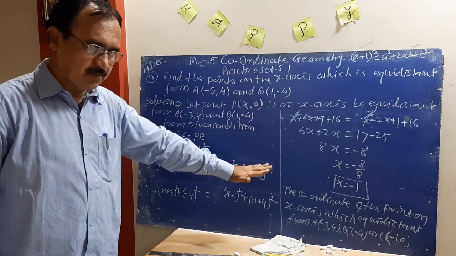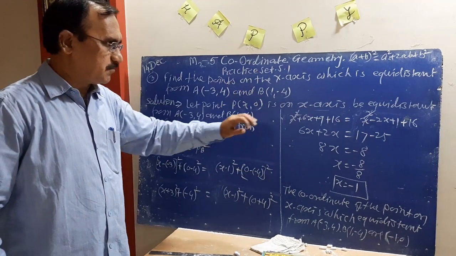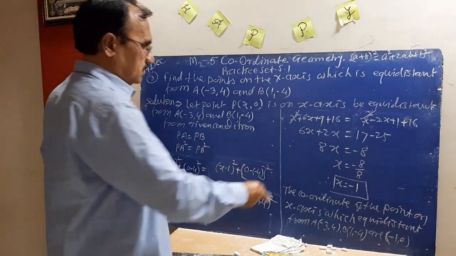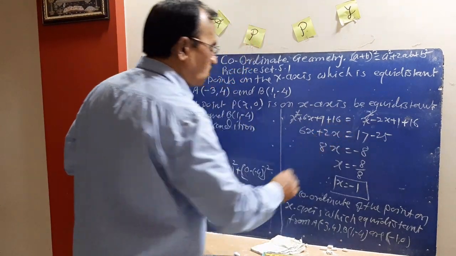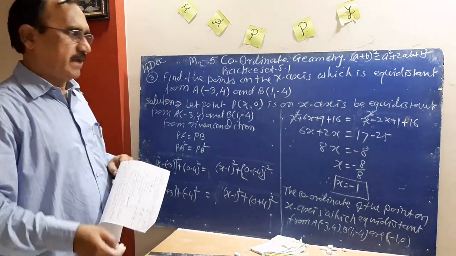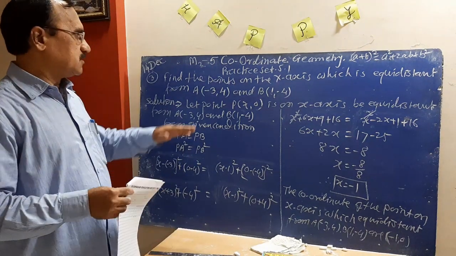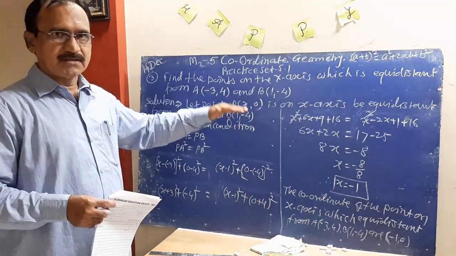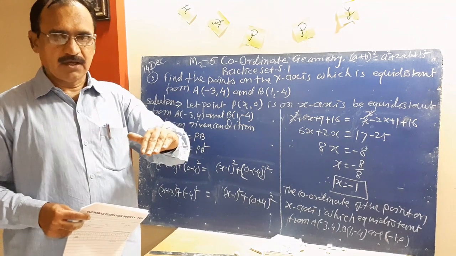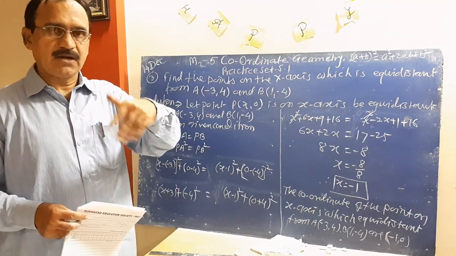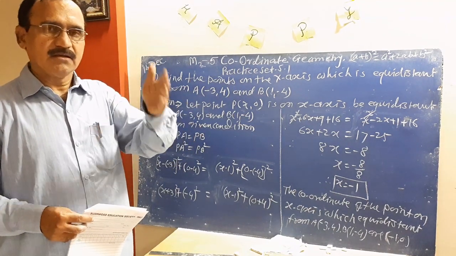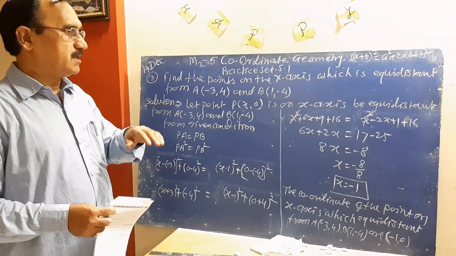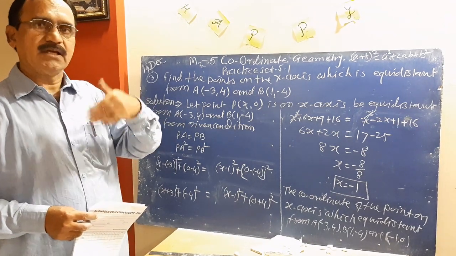And we can solve this example similarly and find the coordinates of the point on the y-axis. Okay, this is practice set 5.1. Try to solve the remaining examples yourself. If any problem, first try to ask your friend and then you can ask me also, and the remaining points we will take in the next period.